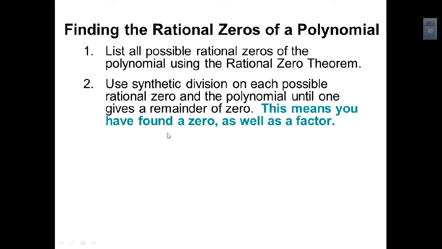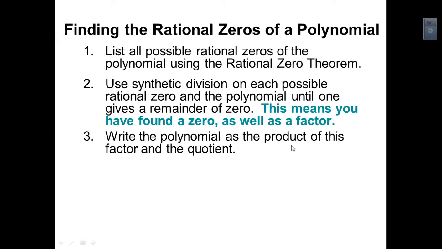This means that you have found a 0 as well as a factor. And then you're going to write the polynomial as the product of this factor and the quotient. Remember, the quotient's the answer to the problem. That would be the FGHI that we're just looking at. That's the quotient.